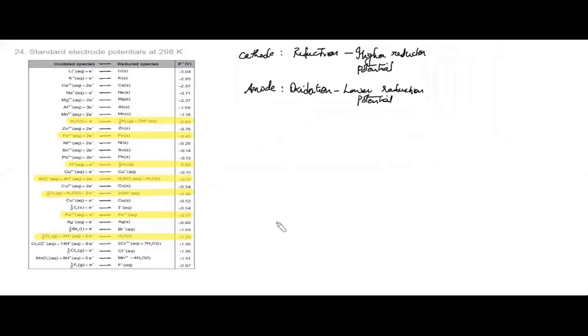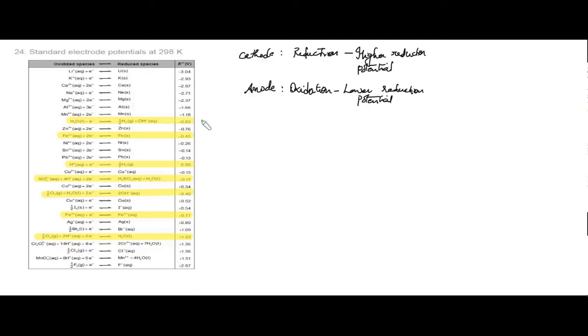Now let's find out which can be the reaction at the cathode and which can be the reaction at the anode. For a cathode reaction, take a species which has higher reduction potential. If you observe, this is minus 0.83, this is plus 0.77.